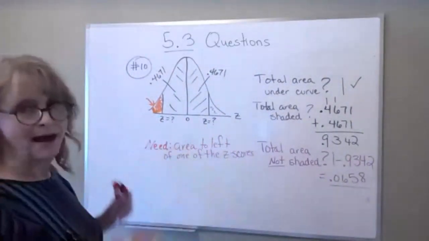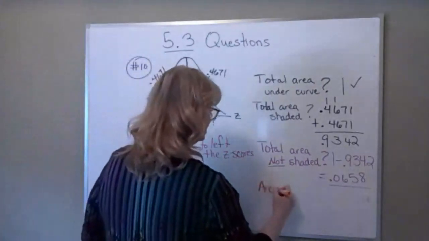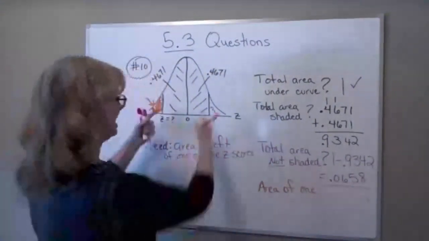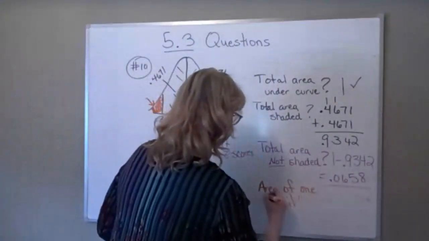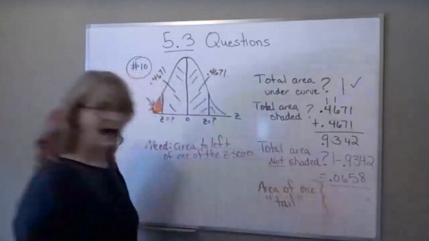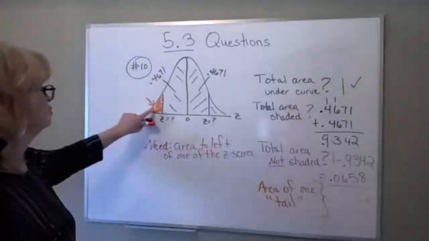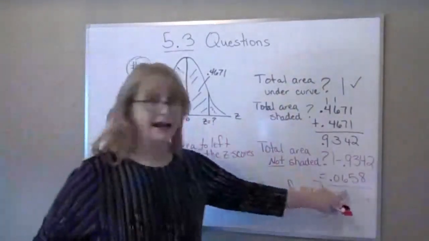Remember, everything is symmetric on this. So what would be the area of one, and I'm going to call these tails on either side, the area of one tail? How could I get that? What calculation could I do to get just the area in this one? And I know both of those areas add up to this.